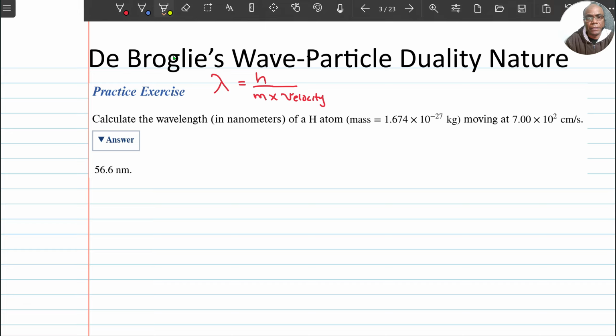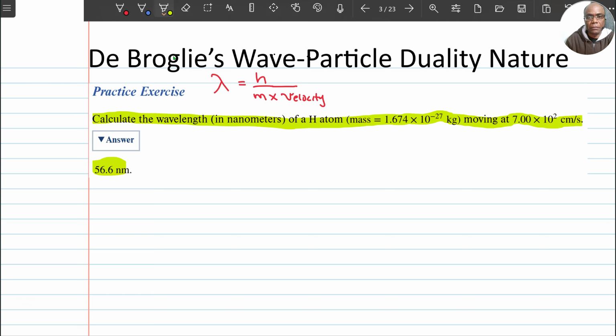So let's read the question. Practice exercise. Calculate the wavelength in nanometers of a hydrogen atom whose mass is 1.674 times 10 to the power minus 27 kilograms, moving at 7 times 10 to the power 2 centimeters per second.